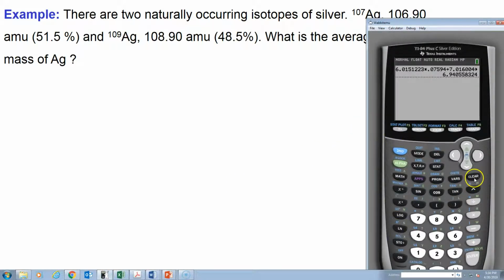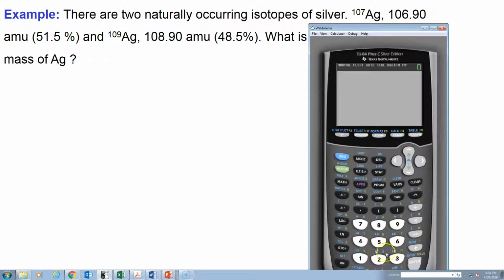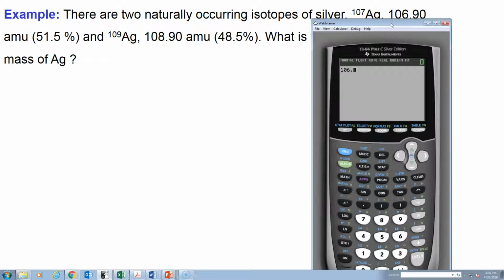So here, I'll just clear that off. So the mass of my first isotope, 106.9, times its percentage divided by 100, so 0.515, plus the mass of my second isotope, 108.9, times its percentage divided by 100, 0.485.